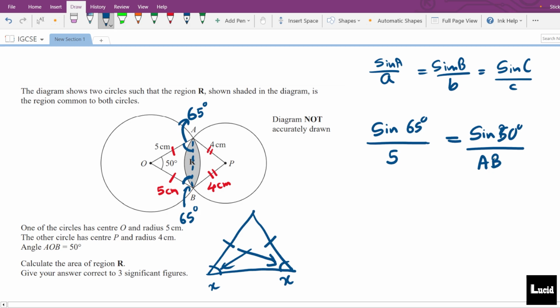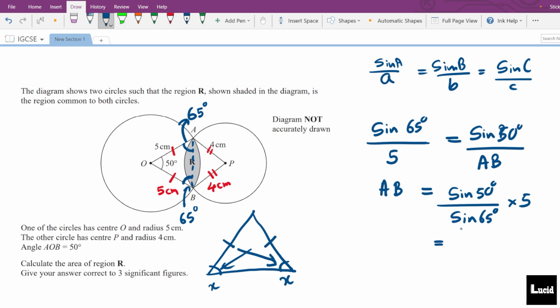Then AB will be equal to sine 50 divided by sine 65 multiplied by 5. When you simplify this, you get 4.23 as the length AB.